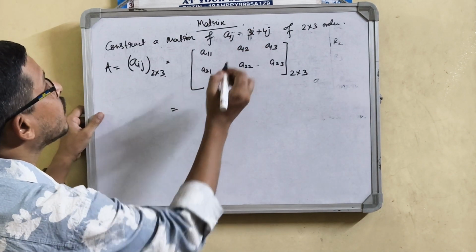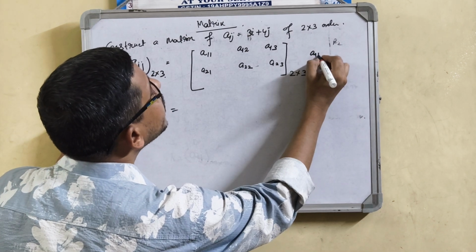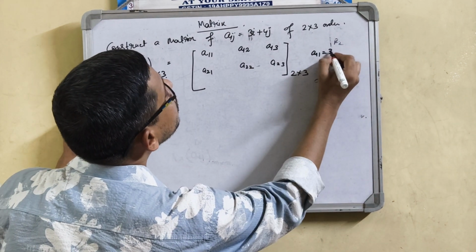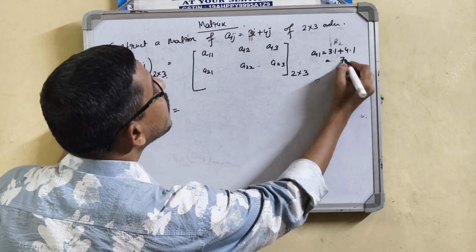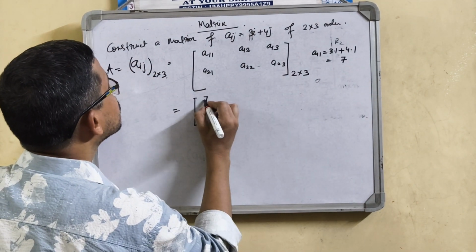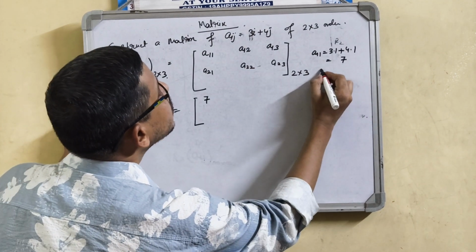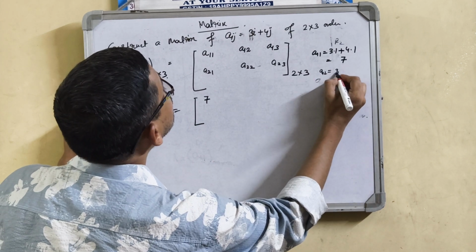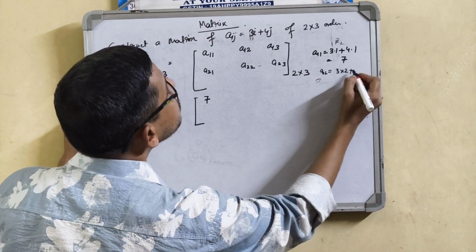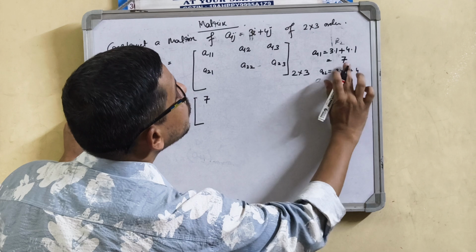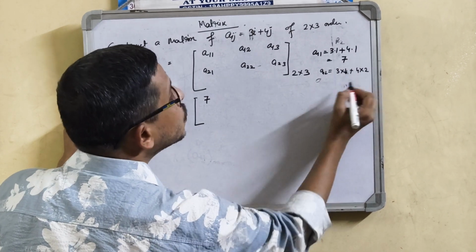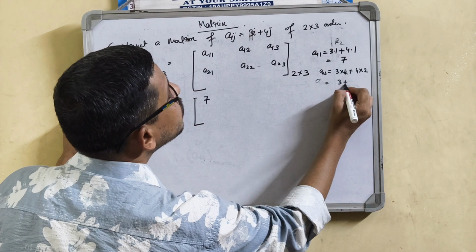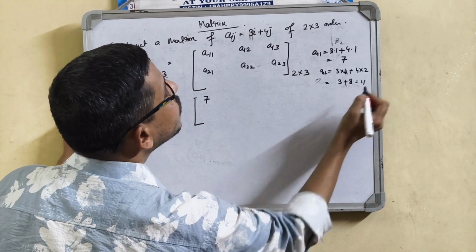So now A11. How do we find A11? A11 equal to 3 into 1 plus 4 into 1, that is equal to 7. A12 equal to 3 into 1 plus 4 into 2, that is 3 plus 8, equal to 11.